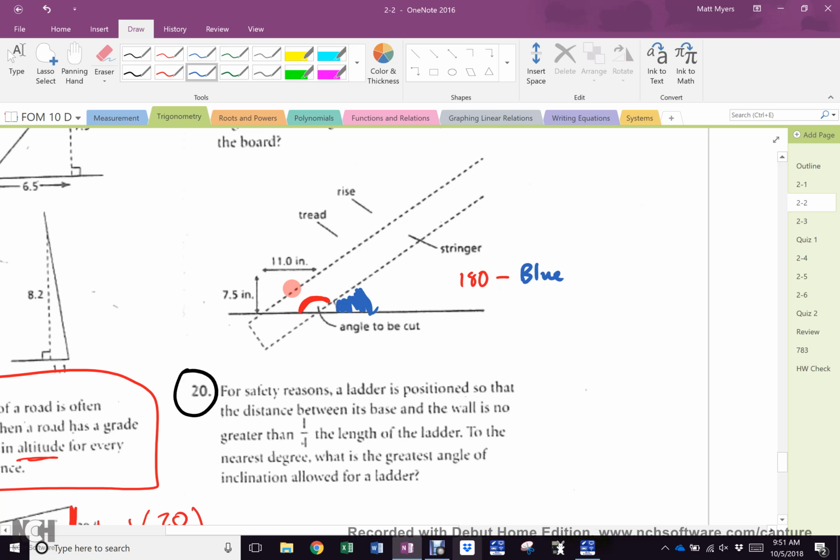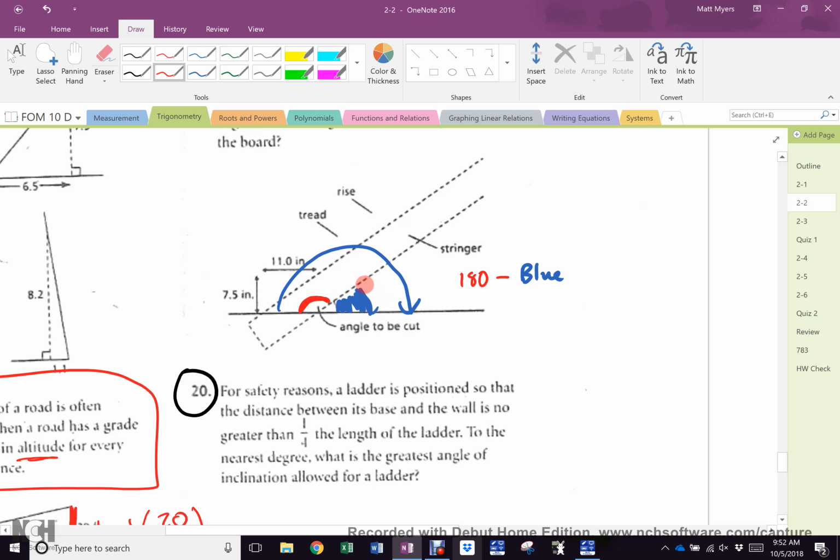Are you all aware that half a circle is 180 degrees? Of course you are. Are you all aware that this red angle did not go all the way to 180? So you can figure that out, because if you know this number, you know the red angle. It is 180 minus that blue.